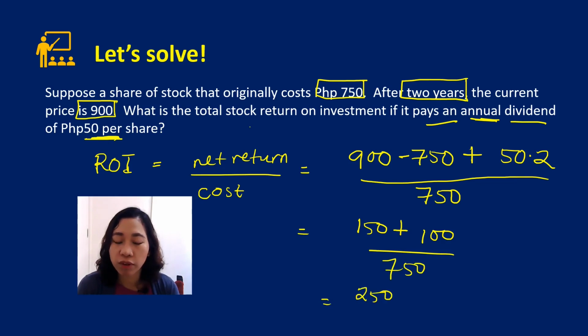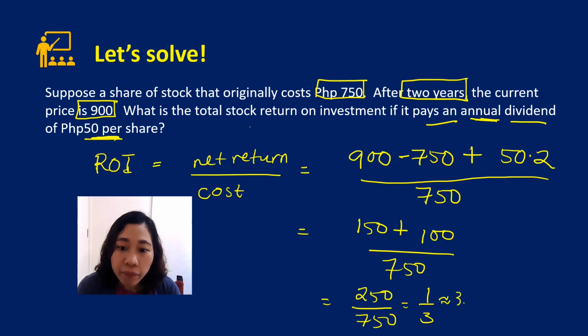So we get 250 over 750. So that's 1/3, or approximately 33.33%. Okay.